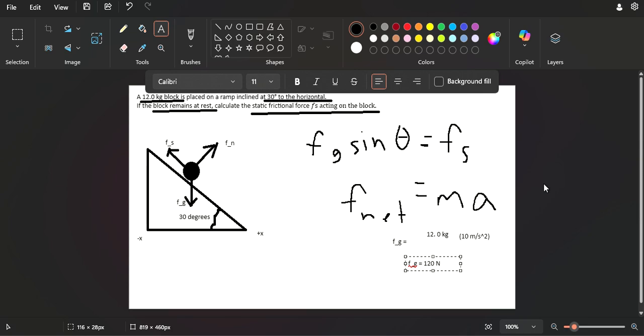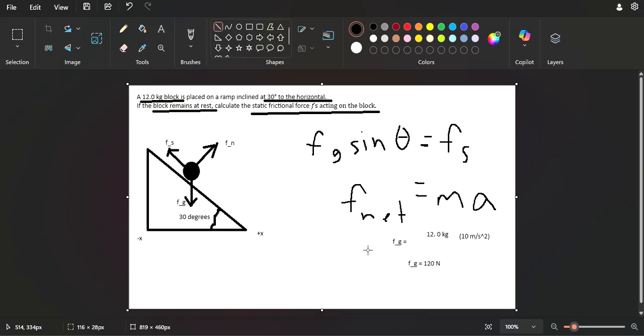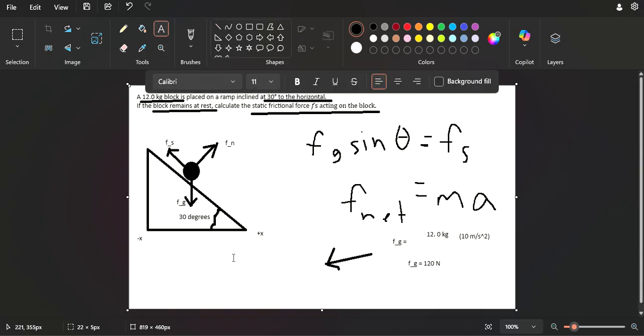If you do a simple calculation, this gives us F subscript g is equal to 120 newtons. Now that we know that F of G is equal to 120 newtons, we simply plug it back into our original equation. I'll just move it over here. Just put an arrow real quick showing our work going this way. Okay, and here you can simply plug it in. So 120 newtons times sine of 30 degrees, as we mentioned before, our angle given is 30 degrees.